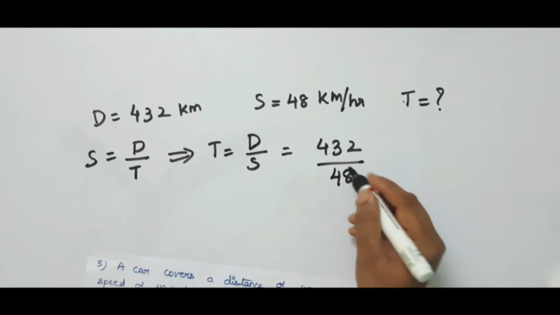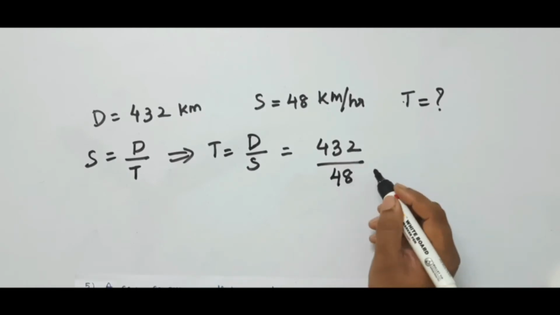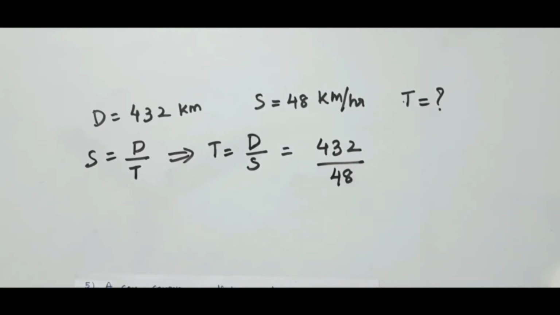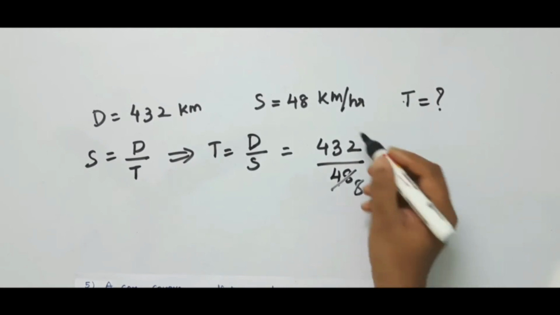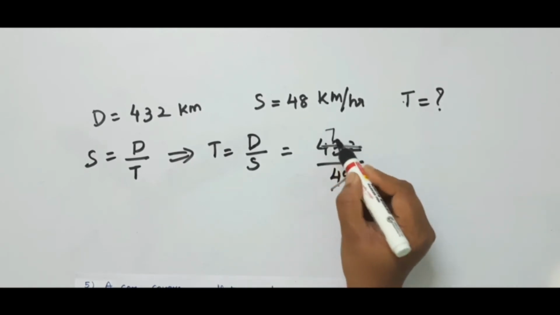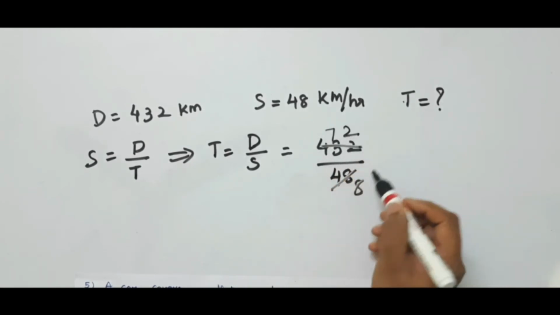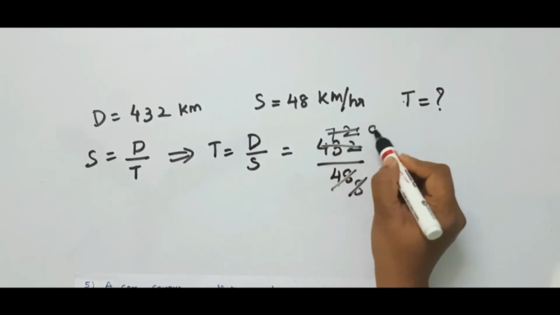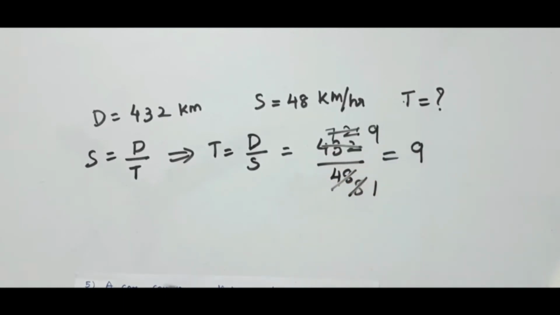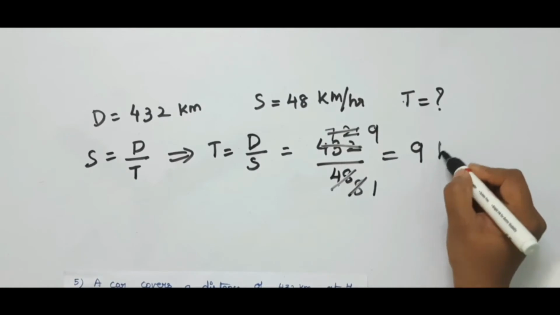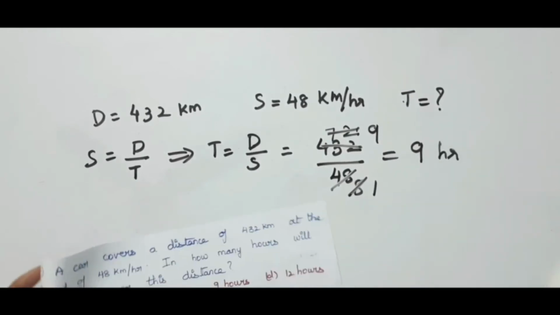So now let us cancel. 6 8s are 48, and here 7s are 42, and here 1 it is 2, 8 ones are 8, and it is 9. So we got 9 hours. Let us go to the options and check where it is.